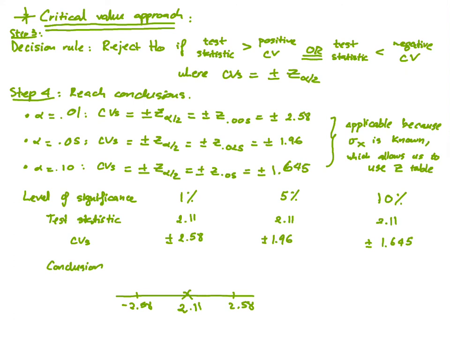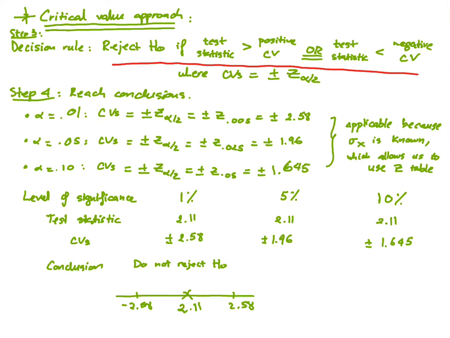That means that the decision rule from up here is not met. And so the conclusion is that we do not reject the null.